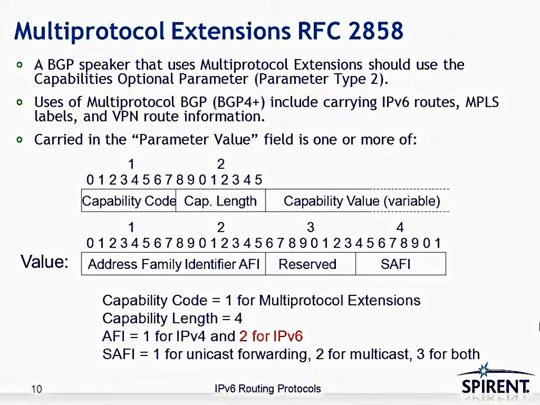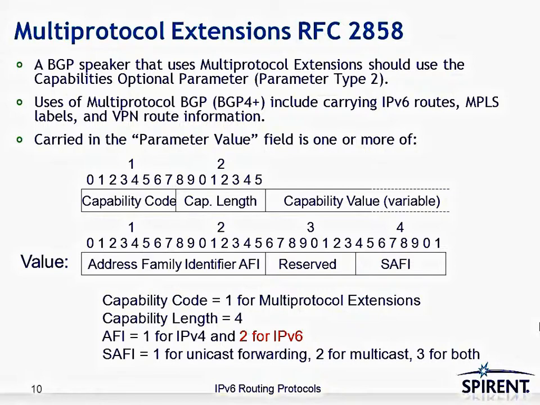So a BGP speaker would use multi-protocol extensions capabilities optional parameter type 2. Usage of multi-protocol BGP is often referred to as BGP4+, includes carrying IPv6 routes, MPLS labels, and possibly other VPN, virtual private network, route information.